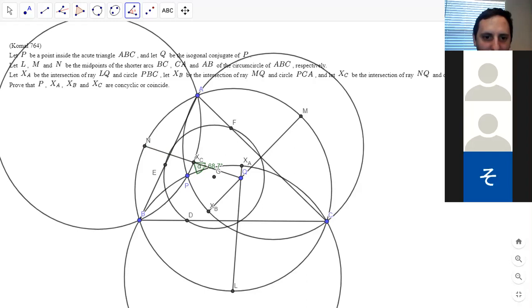Can you also check the other angle? Yeah, right angle, I don't know. Let's check all three. Okay, it's not. Yeah.